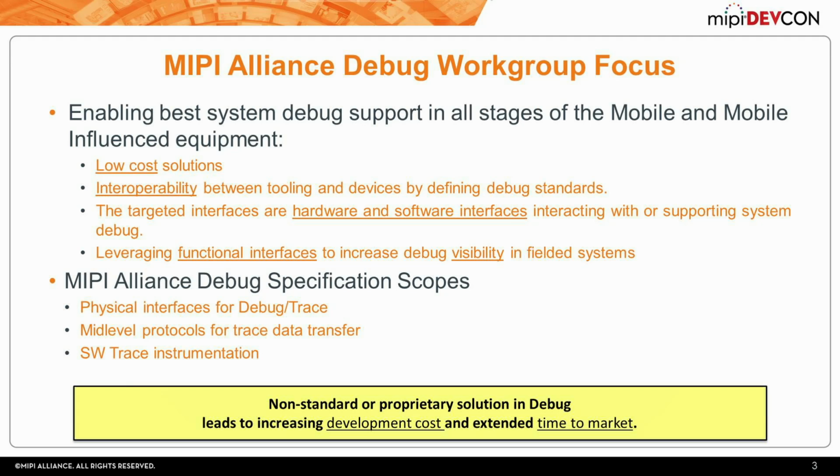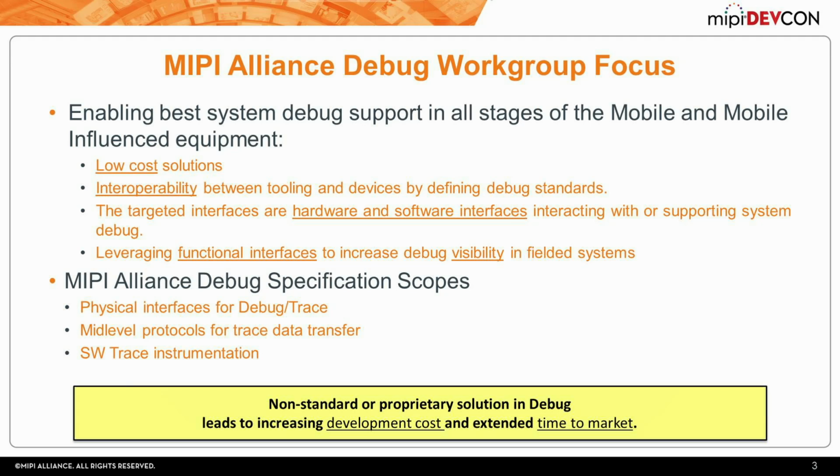We are trying to get low-cost solutions and define established standards that help the interoperability between tooling and devices. There are specifications that are targeting both software and hardware aspects in a design that deal or contribute to debug.